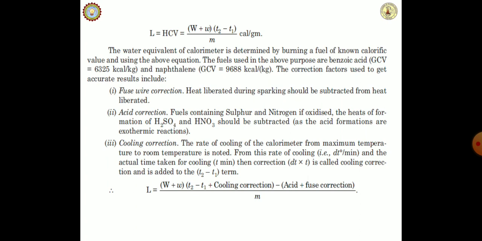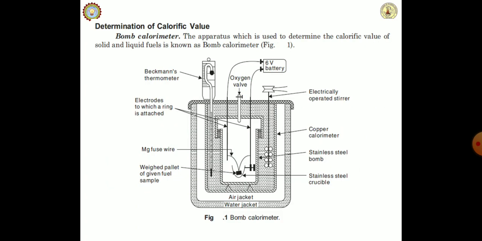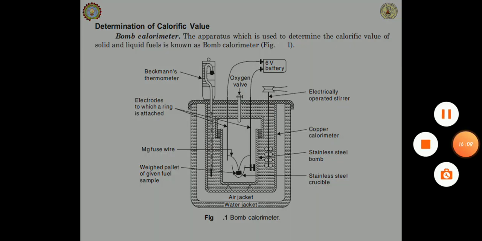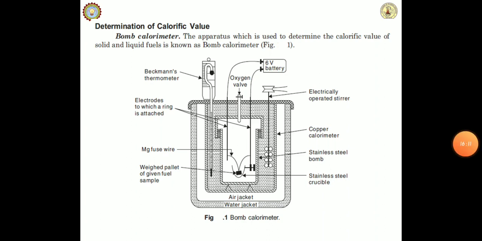Correction factors are used to get accurate results. These three corrections are used to calculate the accurate calorific value, because the amount of heat liberated is not equal to the amount of heat absorbed by the water-containing copper calorimeter, since some heat is absorbed by the calorimeter, the electrodes, and other parts of the apparatus.